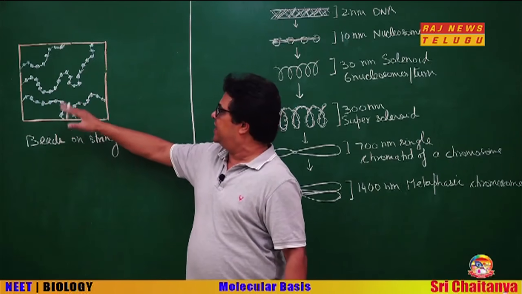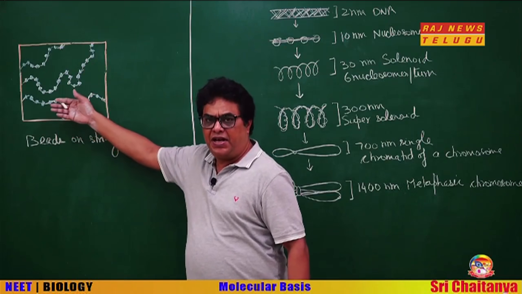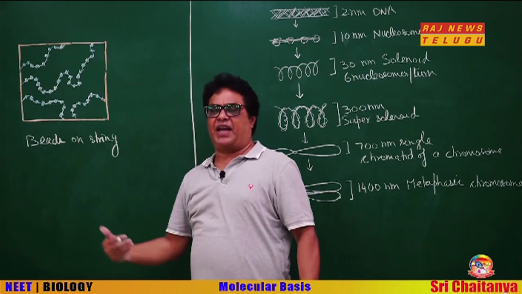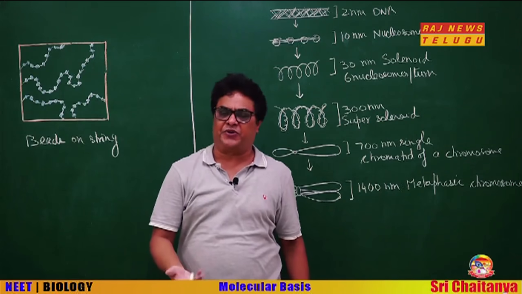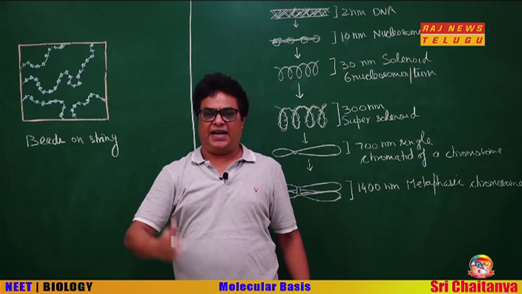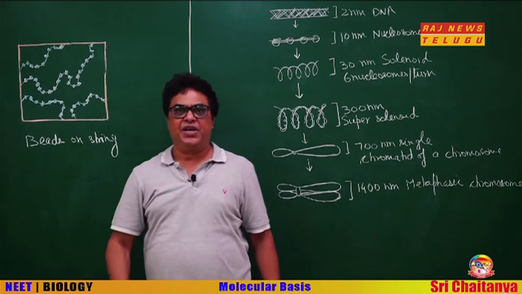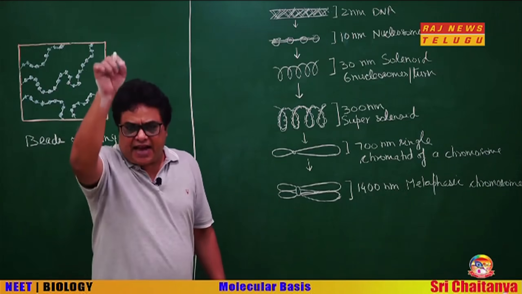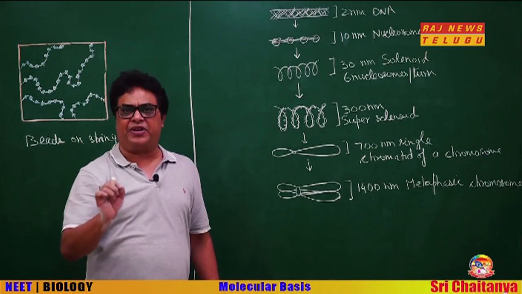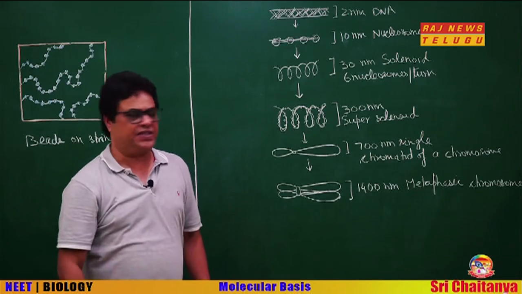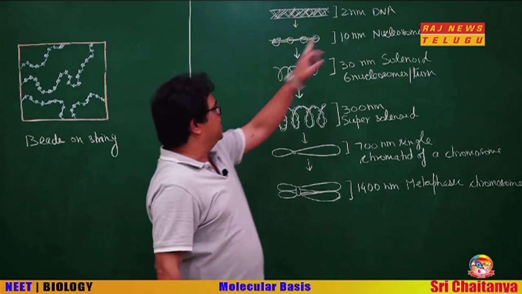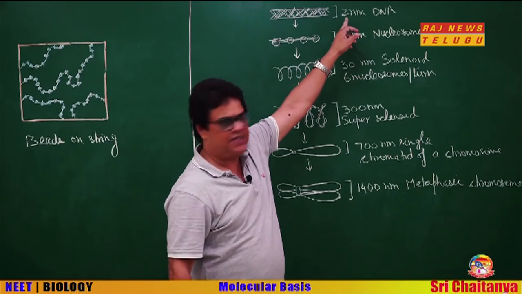So, this is the second level of packaging, but there are additional levels of packaging for formation of the chromosome, as we said, that advanced packaging takes place when the metaphasic chromosome is formed. I am showing the entire sequence starting from DNA up till the metaphasic chromosome. You see, the diameter of the DNA is 2 nm, which we have discussed.